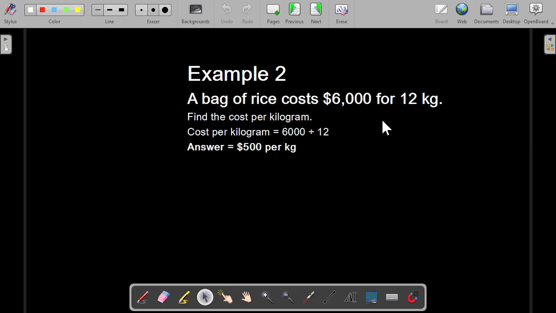In mathematics, I told you this: when you have "of", it is definitely multiplication, and "for" is division. So you are going to divide 6,000 by 12 and it will give you $500. Therefore, each kilogram of rice costs $500.